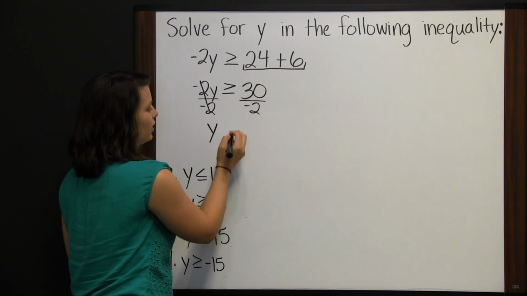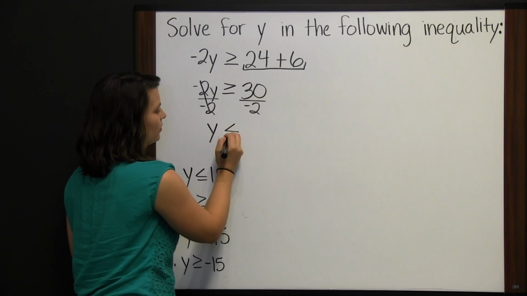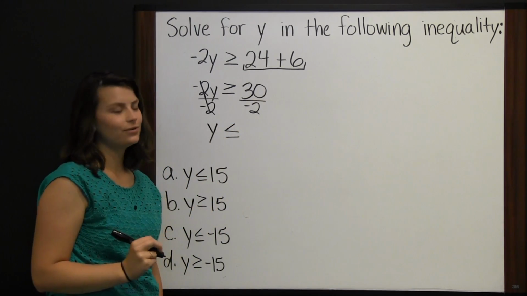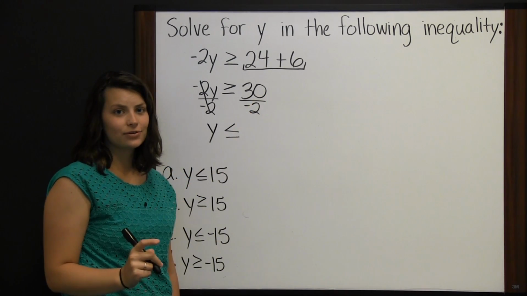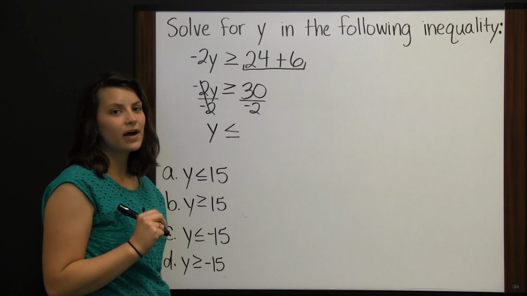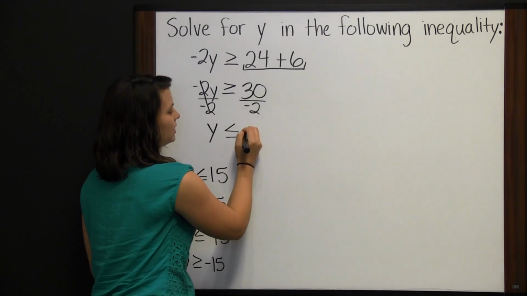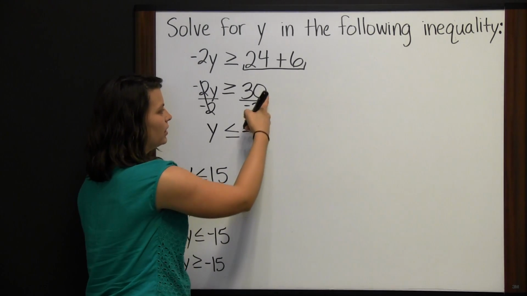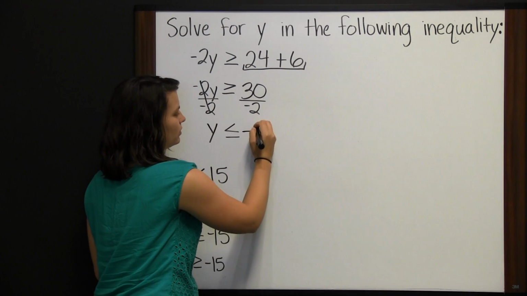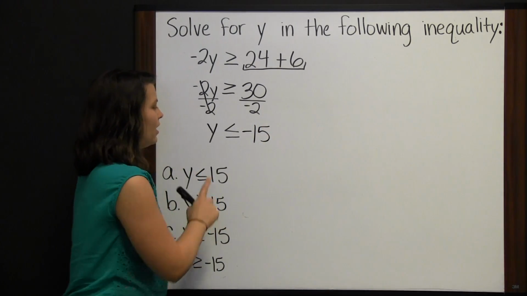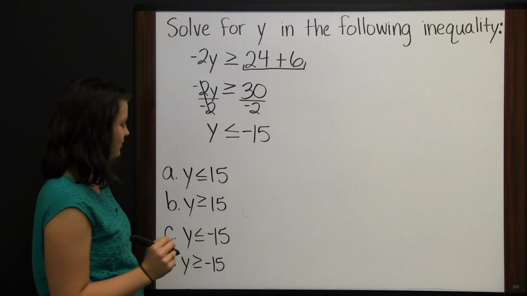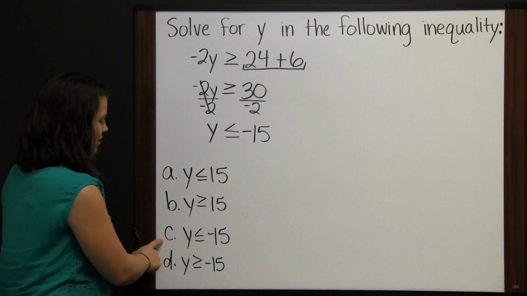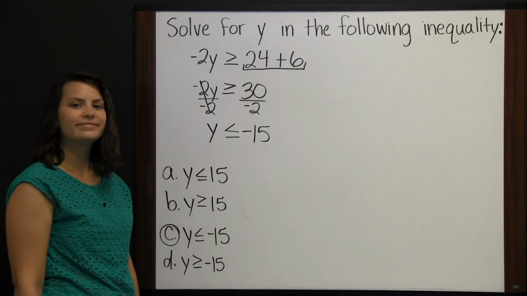It was greater than or equal to, so now it's less than or equal to. And 30 divided by a negative 2, a positive number divided by a negative number is a negative number, and 30 divided by 2 is 15. That means that y is less than or equal to negative 15, which is answer choice C.